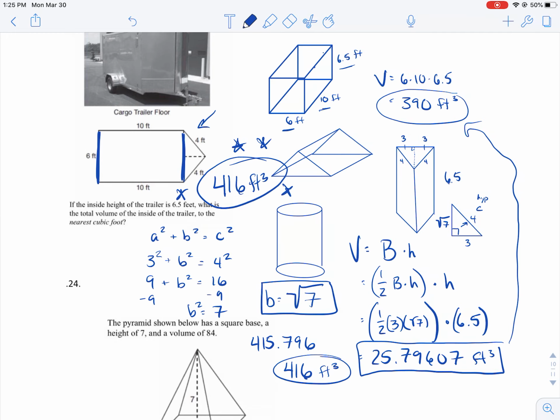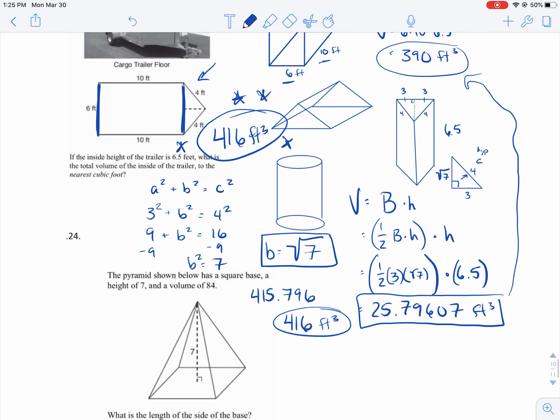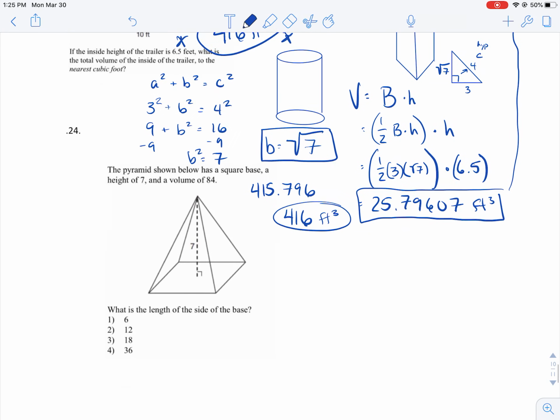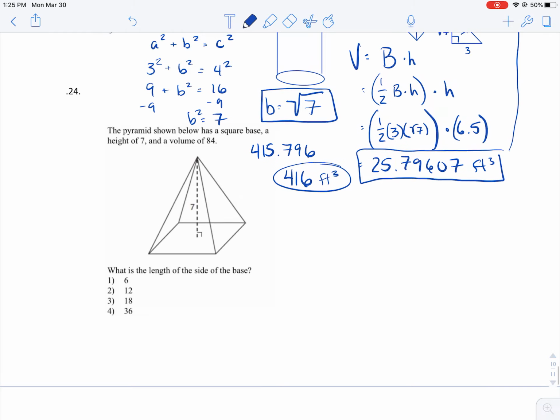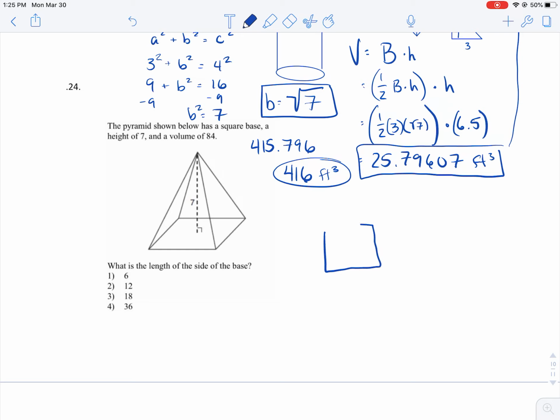And last one, last but not least. So, the pyramid shown below has a square base, a height of 7, and a volume of 84.